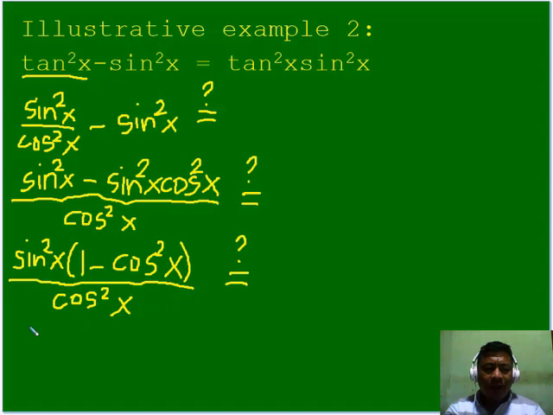Actually, we can rewrite this as sine squared x over cosine squared x times sine squared x.